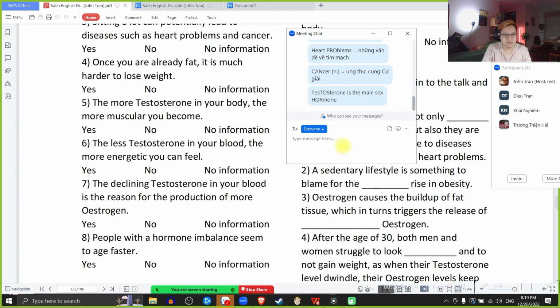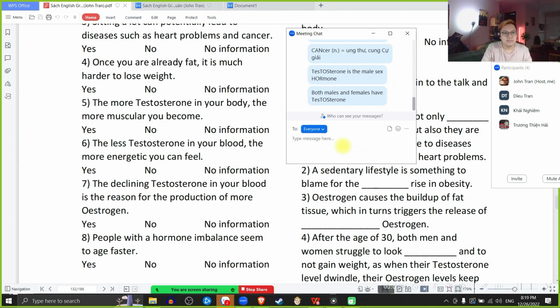Càng có nhiều testosterone trong cơ thể. But of course, both male and female has it. Cả đàn ông và phụ nữ đều có testosterone nha. Và cả hai giới đều có estrogen nha. Nó chỉ khác về cái số lượng thôi. Both males and females have testosterone.